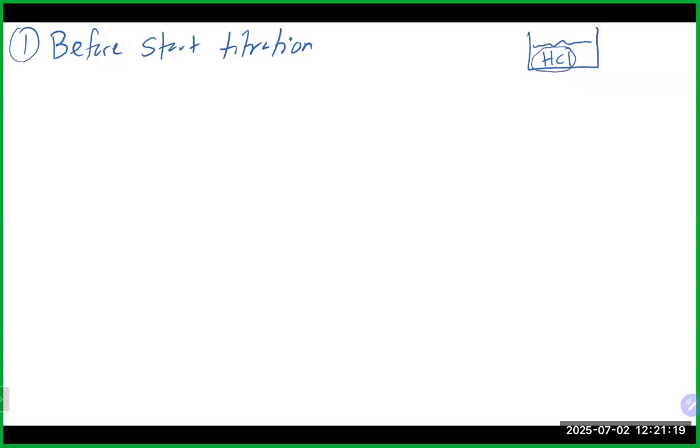This is what type of acid? A strong acid, which means it will pretty much give you your H plus concentration. You could go right into the pH equation to get the opening pH of your titration. Because you're starting with a strong acid, and as we saw, pretty much all of the strong acids are monoprotic, whatever the initial concentration of your acid is would be your H plus concentration. Go right into the pH equation and you'll have your opening pH for your titration.